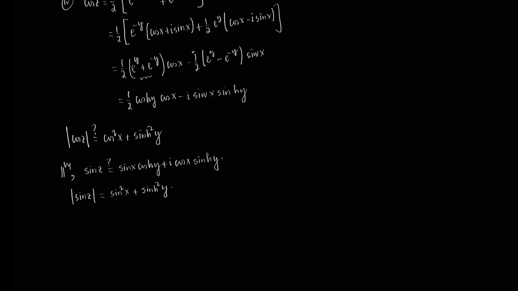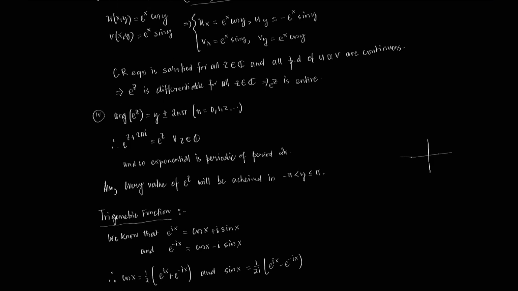Sine z and cosine z depend on the exponential definition. Exponential is periodic of period 2 pi i. So, exponential is 2 pi i periodic.